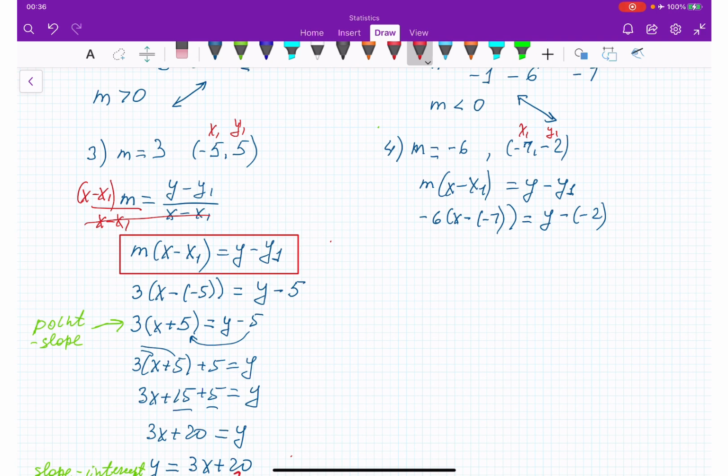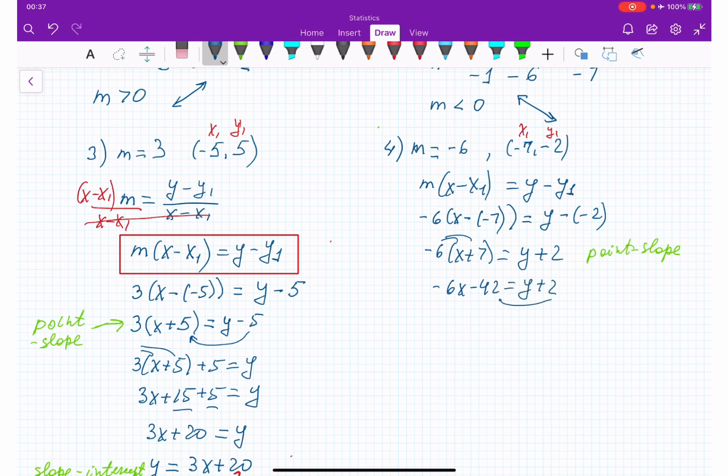Okay, so let's simplify. We will get -6 times x plus 7 equal y plus 2, because we have negative, so it gives you plus. And this is point slope format. And then we keep simplifying. So I'm distributing -6, we get negative 6x minus 42 is equal to y plus 2.